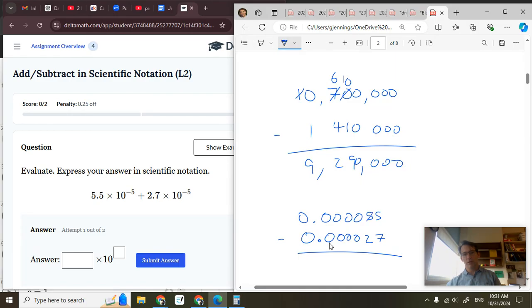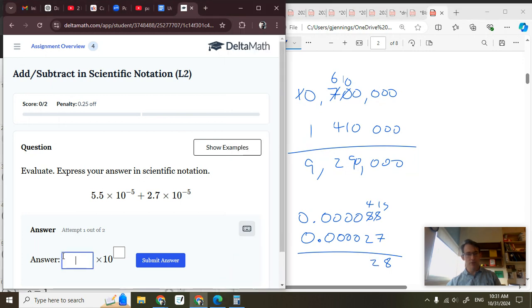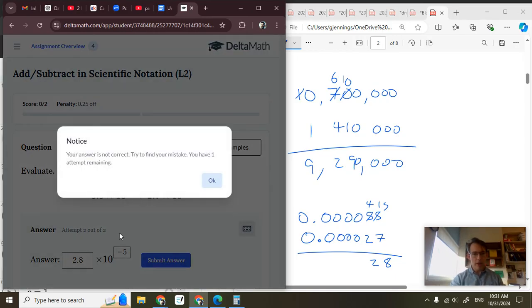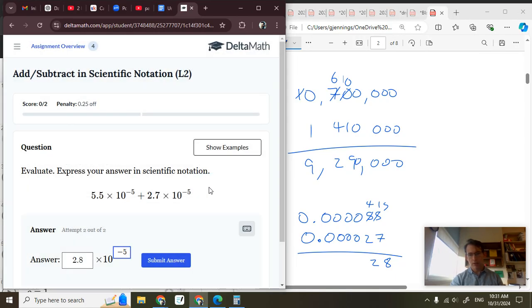And so then this is going to borrow here. That's a 4, that's a 15, and so 15 minus 7 is 8, 2. So this is 2.8 times 10 to the minus 5. What? Oh, it's plus.